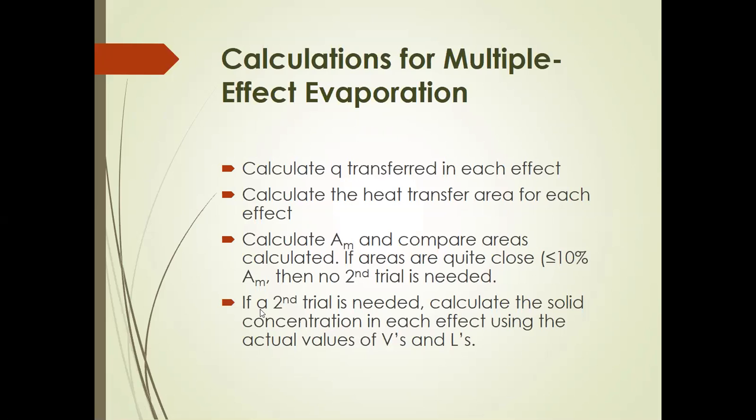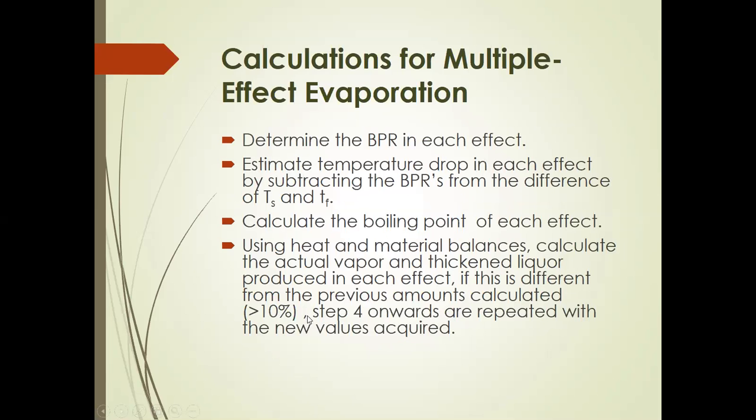So in our 12 steps, that is if you don't do the second trial here, and if we don't also do a trial again here on the ninth step. Normally, a multiple effect evaporation problem with no BPR could probably be processed by a student in 1 hour. One problem in 1 hour. Double effect, that is.